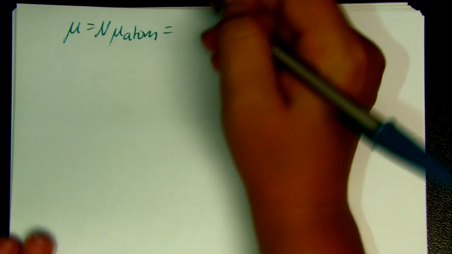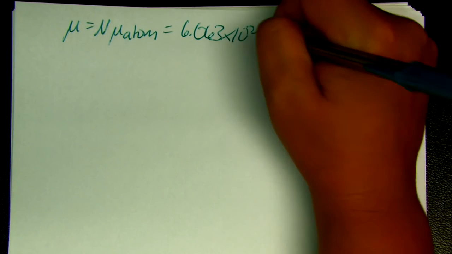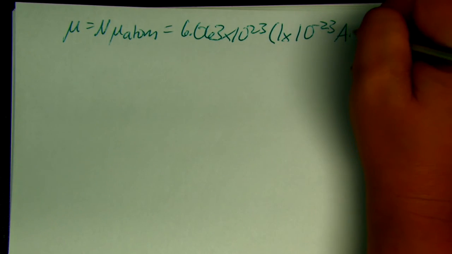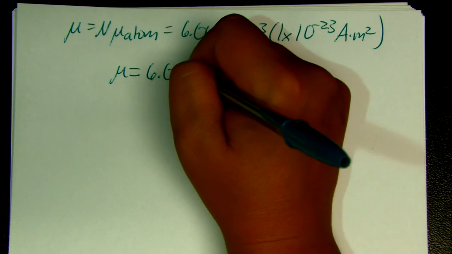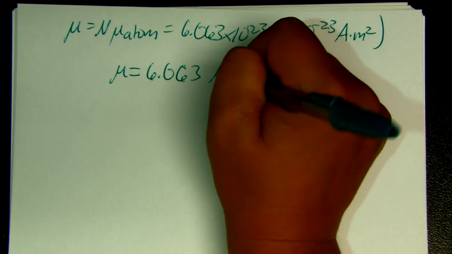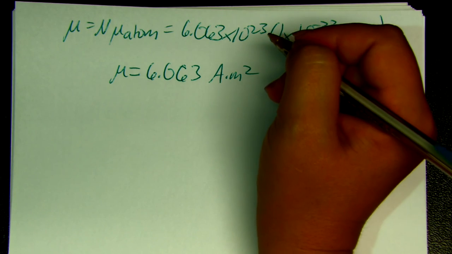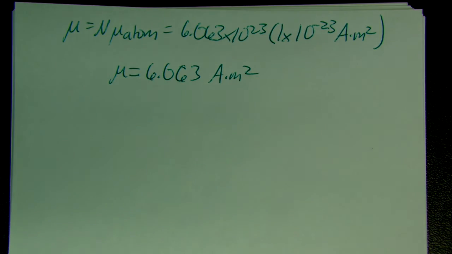And of course, what we're after is the magnetic dipole moment. Mu is equal to N times mu of an atom. And we've derived mu of an atom, so we have 6.063 times 10 to the 23 little current loops times 1 times 10 to the minus 23 amp meters squared. Mu is equal to 6.063 amp meters squared. And this is about twice what we had calculated in the previous example. Now, we were right in the previous example. The error comes here, but it's not bad.